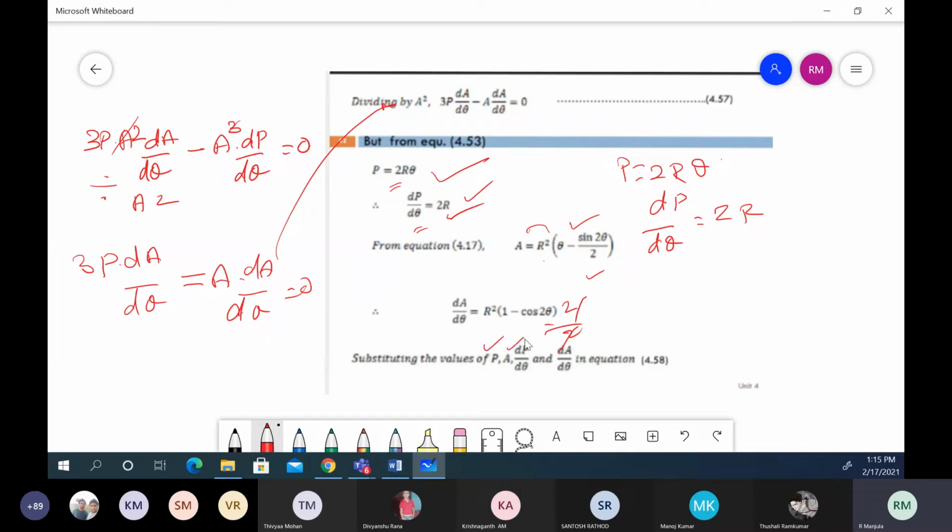Now substitute the values of P, A, dP by d theta, dA by d theta.